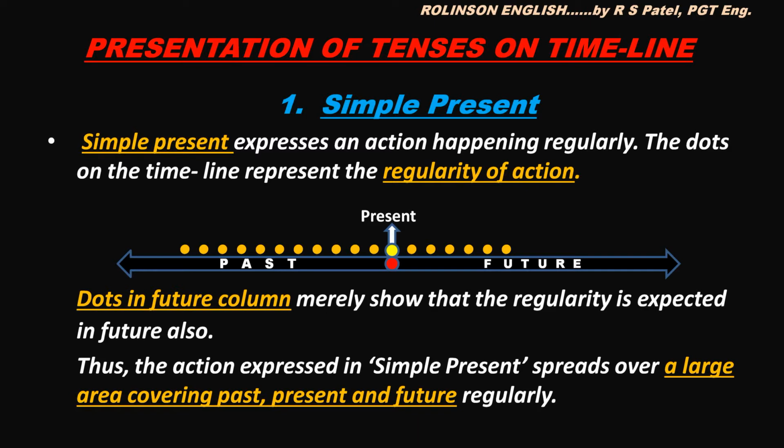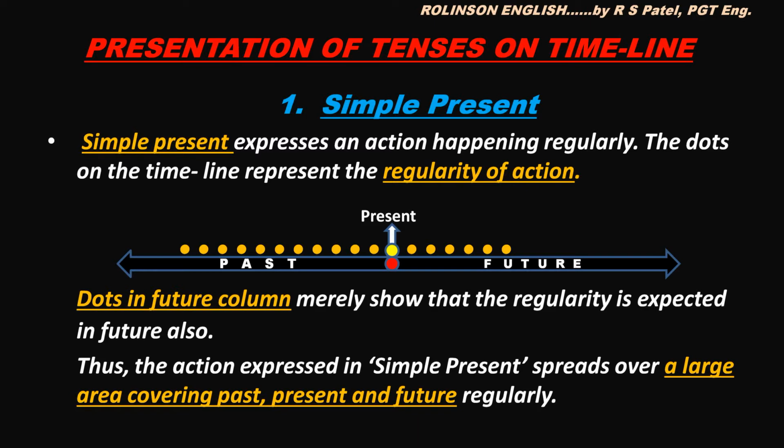Dots in the future column merely show that the regularity is expected in future also. Thus, the action expressed in simple present spreads over a large area of time covering past, present and future regularly.